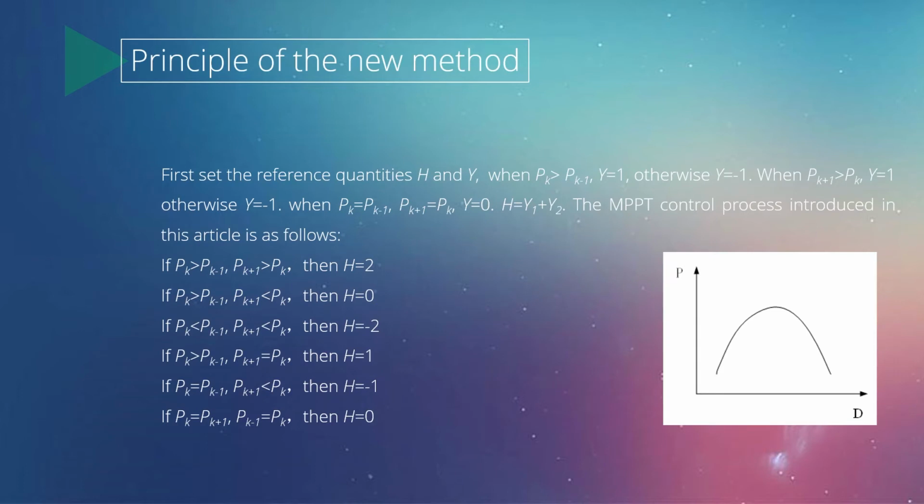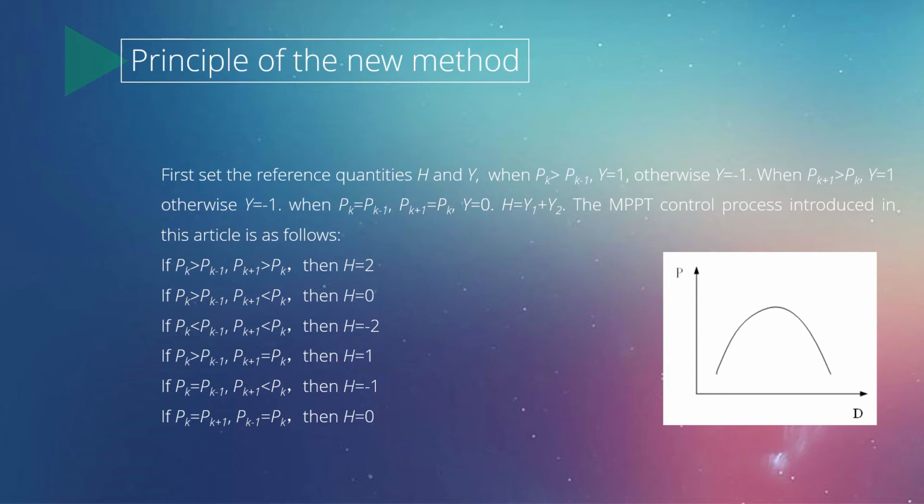First, set the reference quantities H and y. When pk is bigger than pk minus 1, y1 is equal to 1. Otherwise, y1 is equal to minus 1.